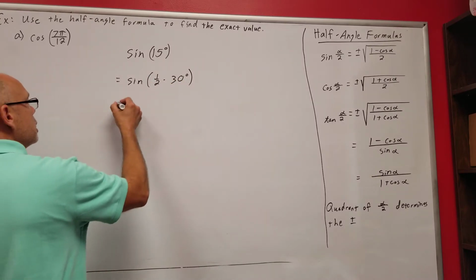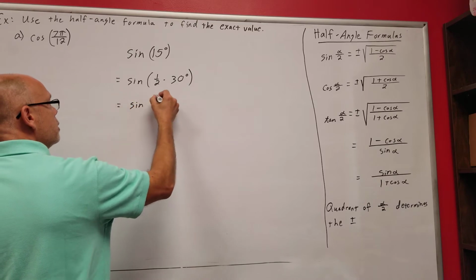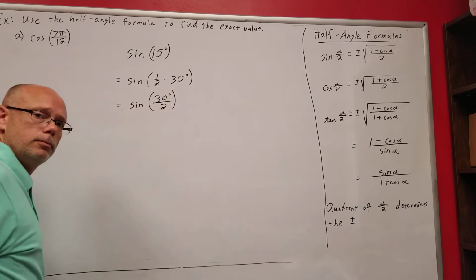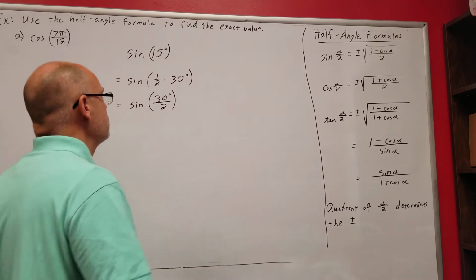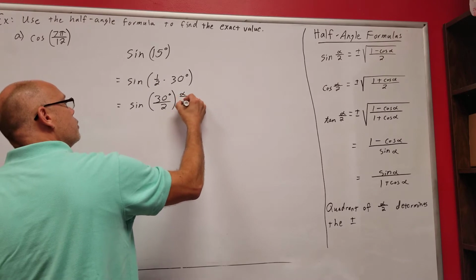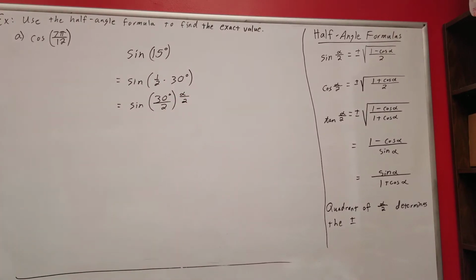Then I could say that's the same thing as the sine of 30 degrees over 2. Now it's really in this form, alpha over 2. Alpha happens to be 30 degrees.